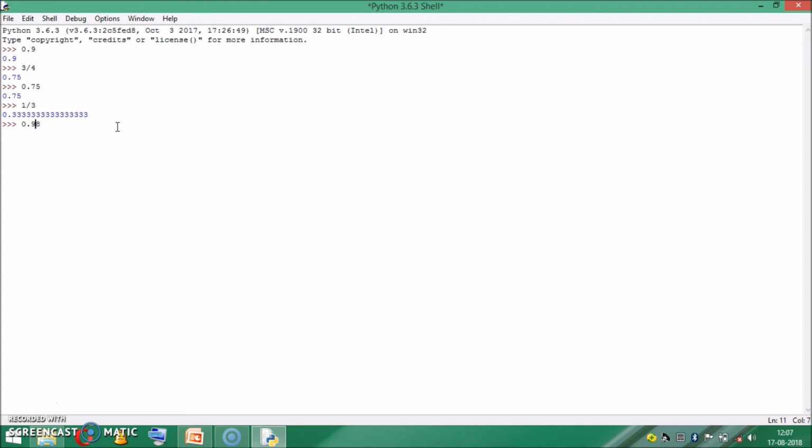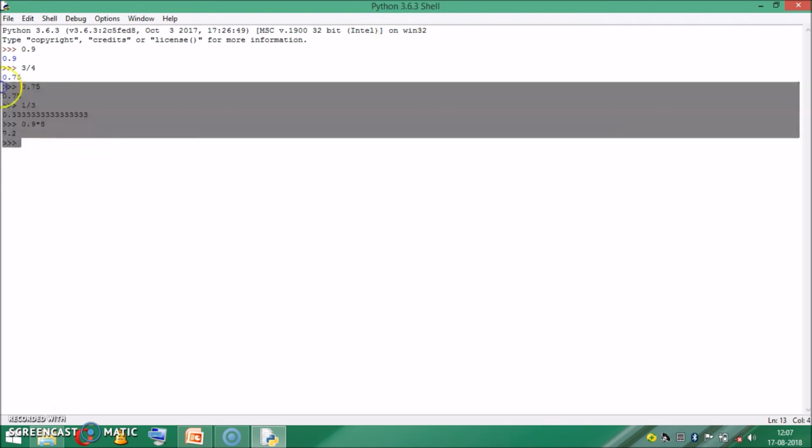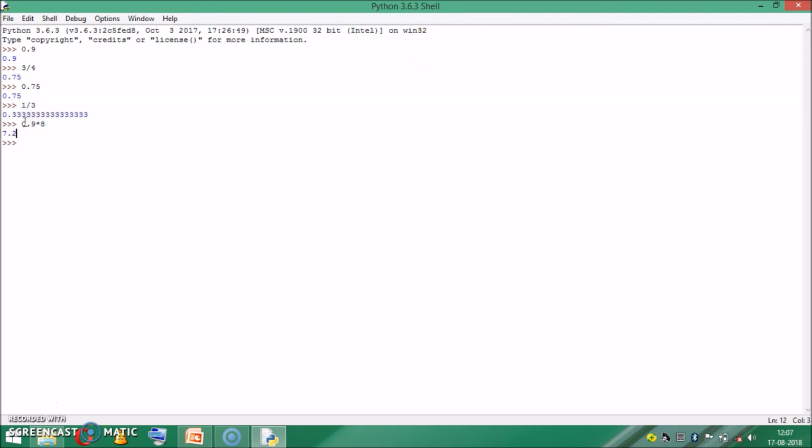Okay, now you see the result is again a float. In a similar way, we can create floats in the output by performing operations on a float and an integer.